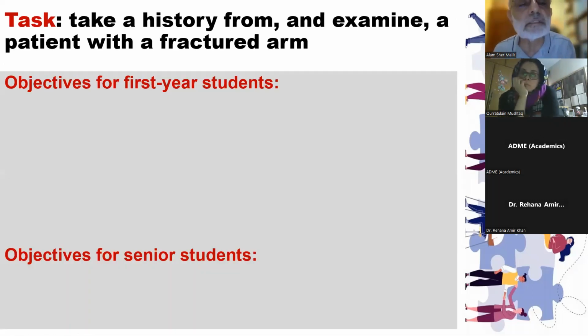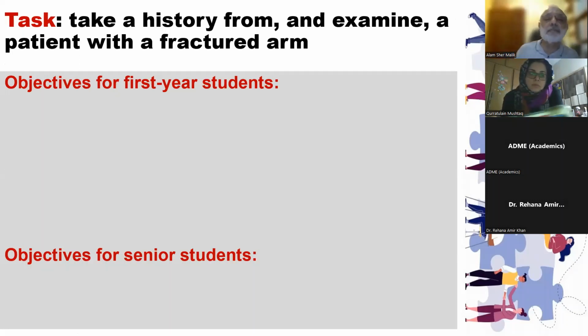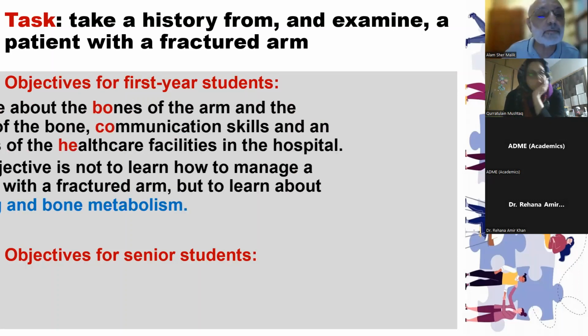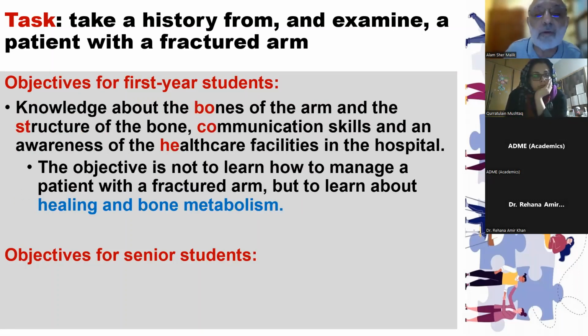Let's say the task here is to take a history from and examine a patient with a fractured arm. The objectives or learning outcomes for first-year students can be knowledge about the bones of the arm and the structure of the bone, communication skills, and an awareness of health care facilities in the hospital, and basically learning about healing and bone metabolism.